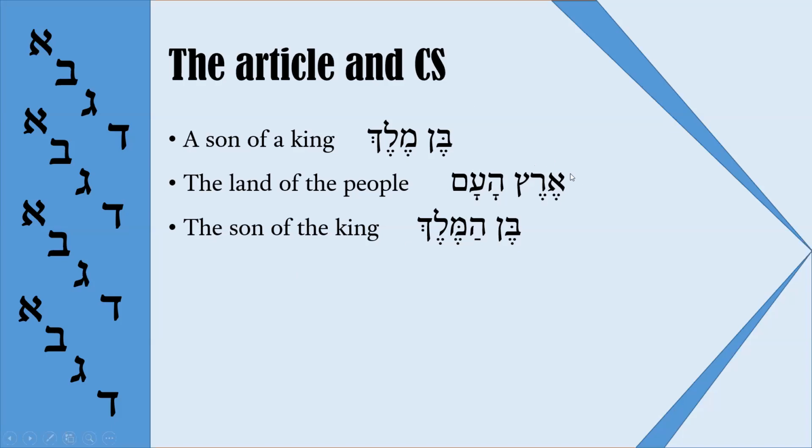But Eretz doesn't change, because it is a singular noun, and a singular noun has the same form in construct and absolute. So only context can help us understand that Eretz is in a construct relationship with the word ha'am. Okay?